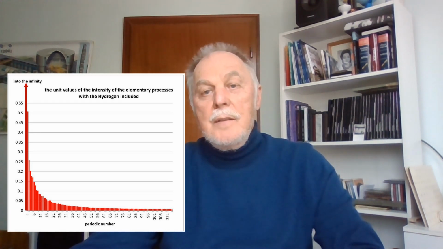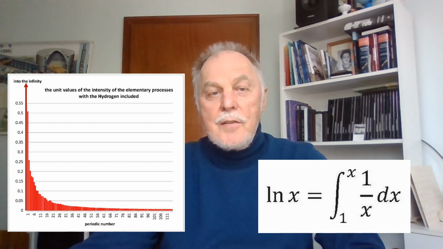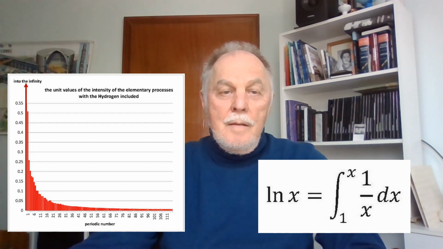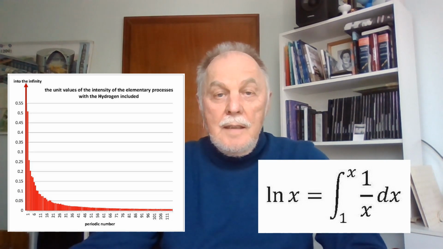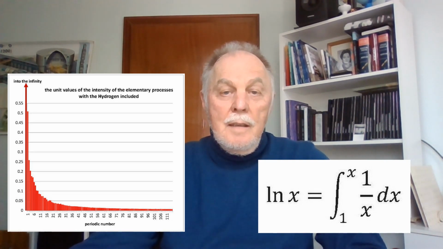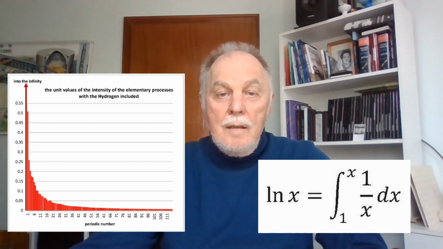And in this case, the relation of the unit values of the elementary intensities is in full consonance with the function of the 1 per x, which is the integral of the natural logarithm, stressing here the word natural.